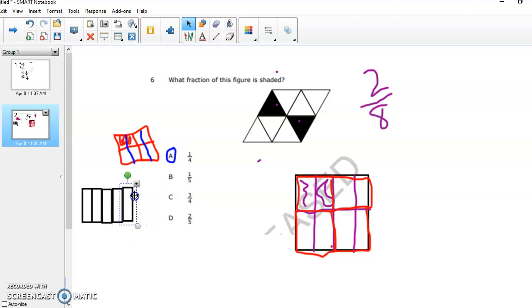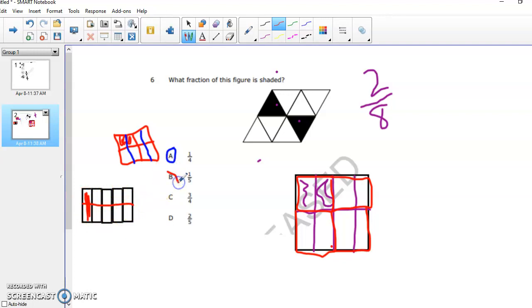I know that if we were in the classroom, some of you would call me out for taking that shortcut. And if I want to shade 1/5, I would shade 1 piece out of 5. It's shaded. Now, is there a way for me to take 5 pieces and turn them into 8 pieces? Well, not equally, because if I cut these pieces in half, now I have 10 pieces.